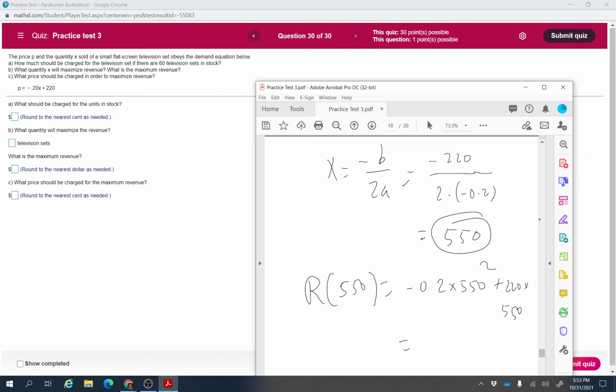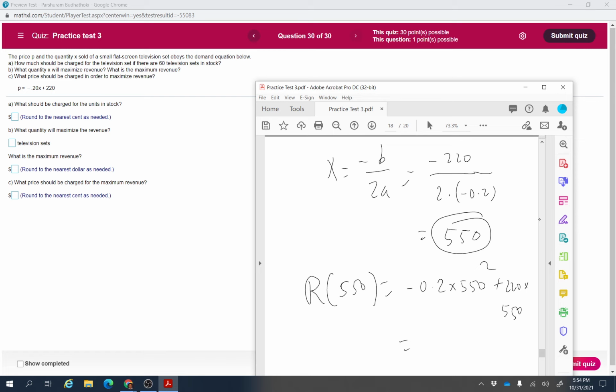If you use your calculator here, you can find this value. 550 squared times negative 0.2 is negative 60,500, plus 220 times 550.